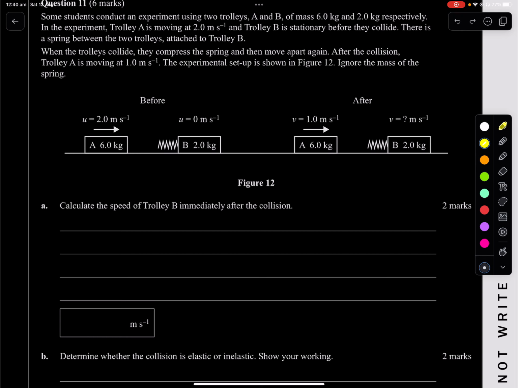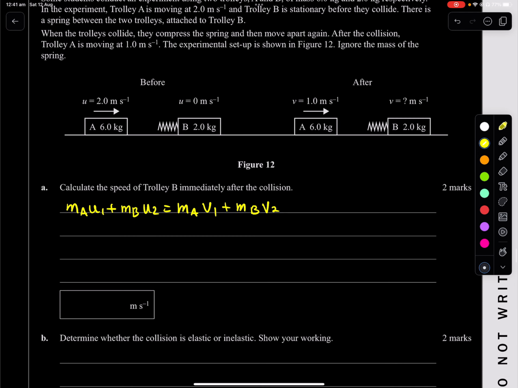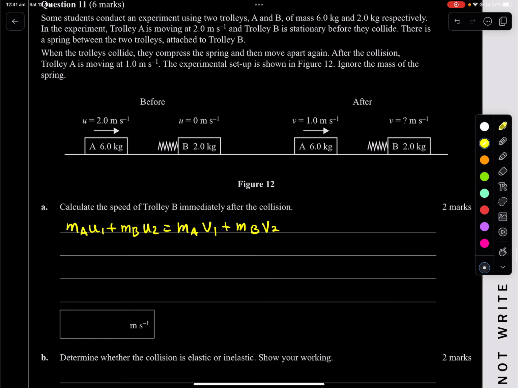We can say M_A U1 plus M_B U2 must equal M_A V1 plus M_B V2, because they are separated.